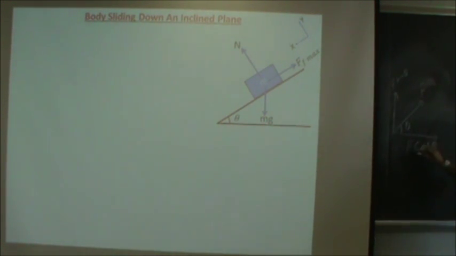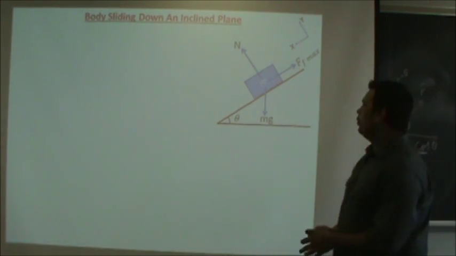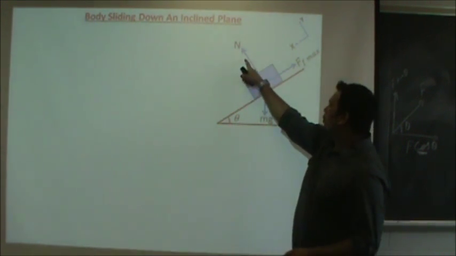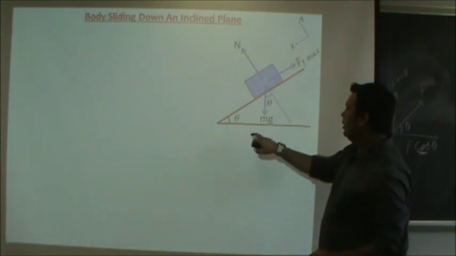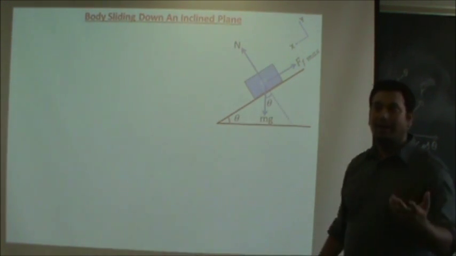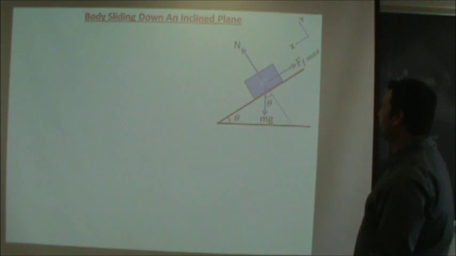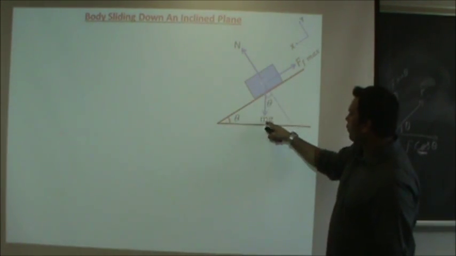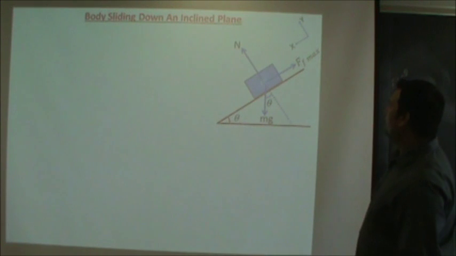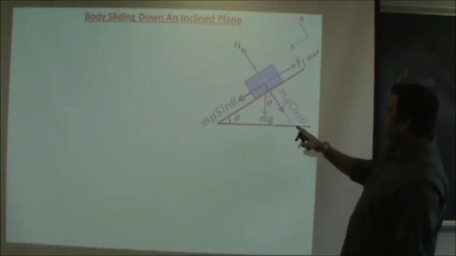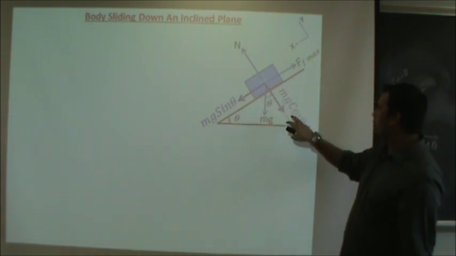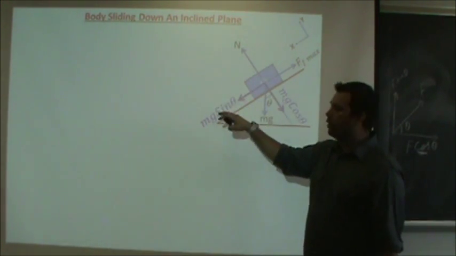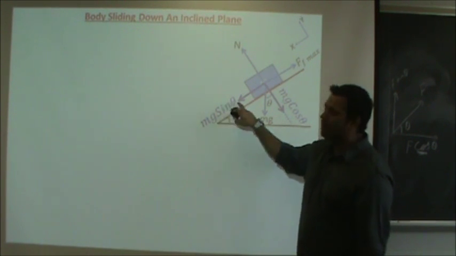So remember, cosine is always associated with the angle. So we do the same thing. We reproduce the normal backward, and using the geometry, we know that this angle is also theta, which is the angle of inclination. And we resolve this force based on this line, which is our y-axis, into two components. So the x component will be my force, which is mg cosine theta, and the y direction force is mg sine theta.